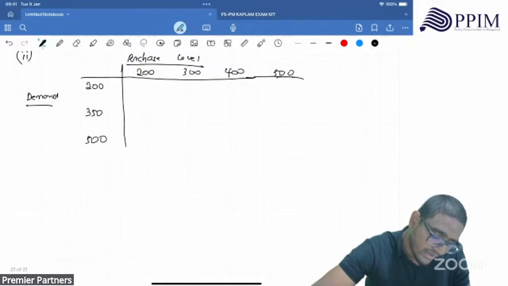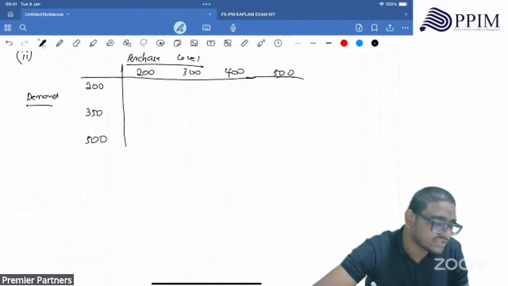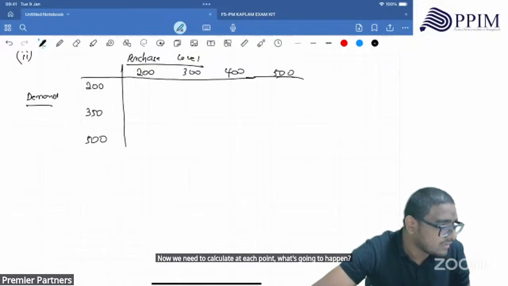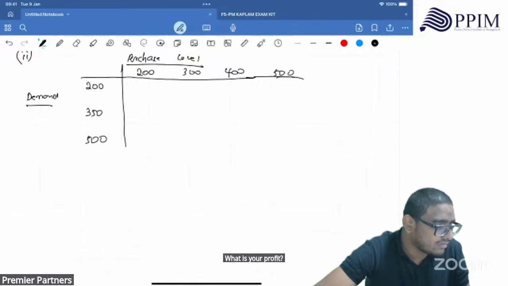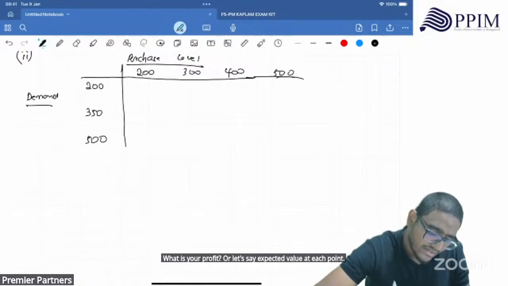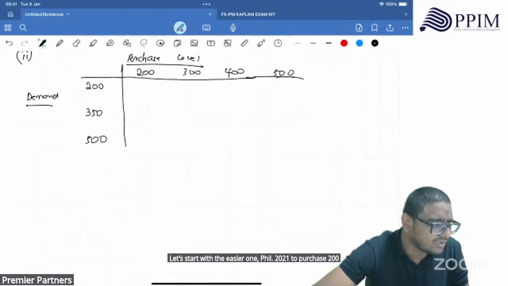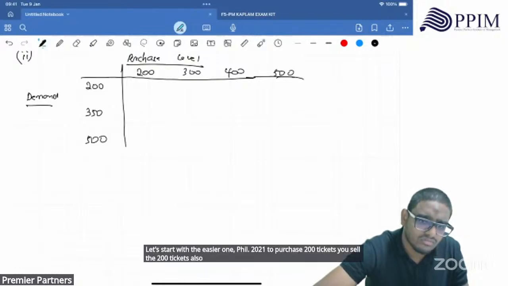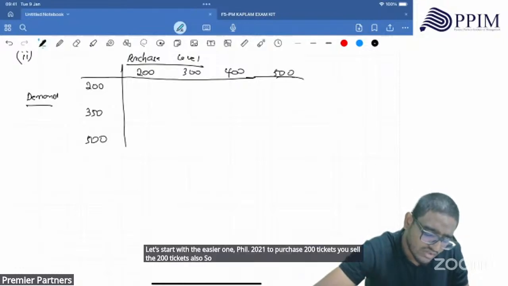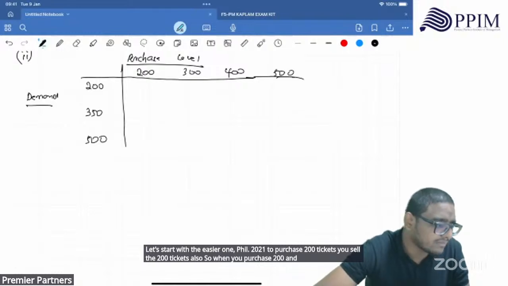Now we need to calculate at each point what's going to happen. What is your profit, or let's say expected value at each point? Now let's start with the easier one. 200 and 200. You purchase 200 tickets, you sell the 200 tickets also.